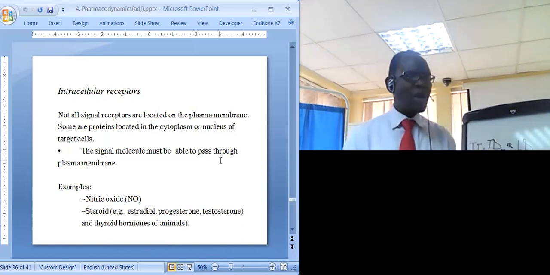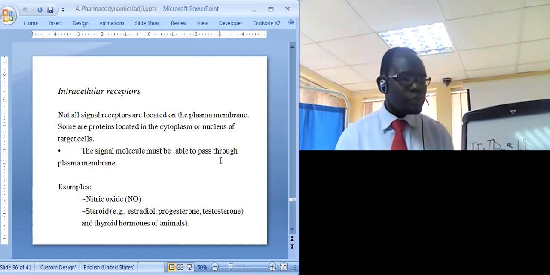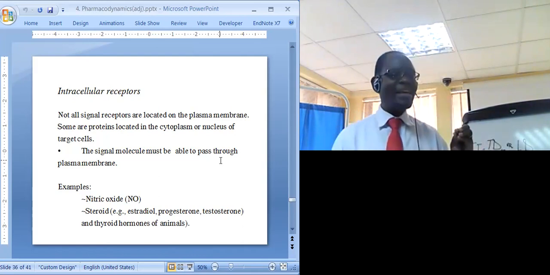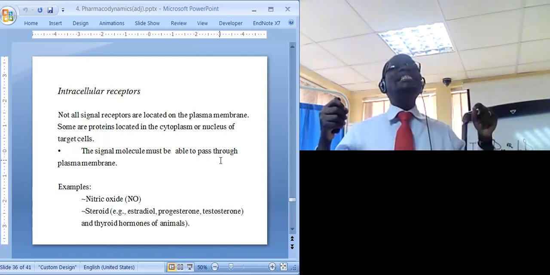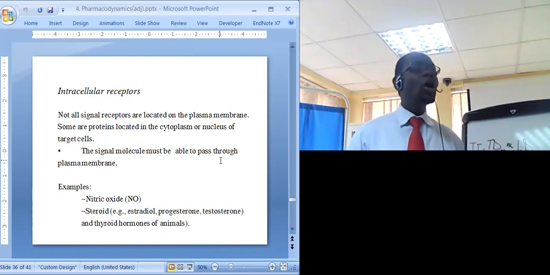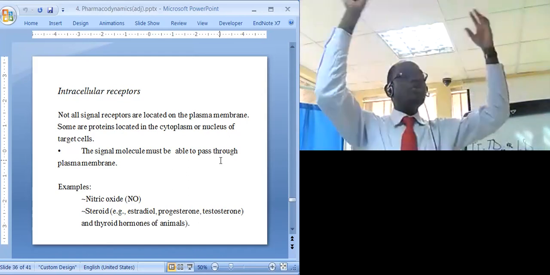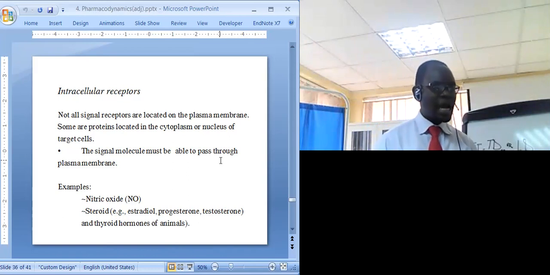Then we also have what we call intracellular receptors. As the word states, intracellular, the receptor is on the nucleus. So the drug will not produce any changes unless it goes to the nucleus.